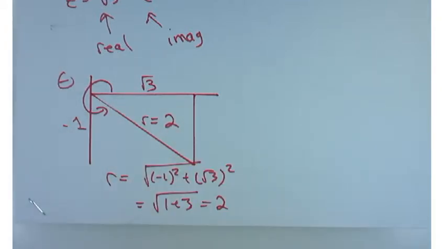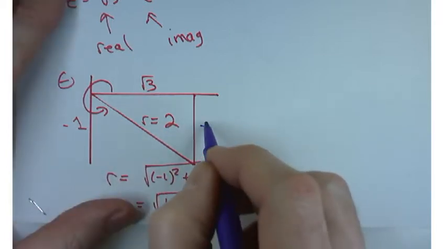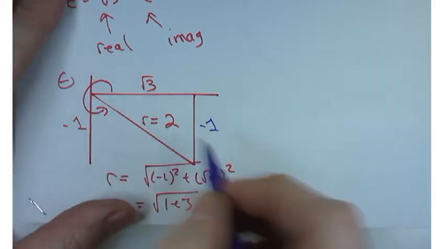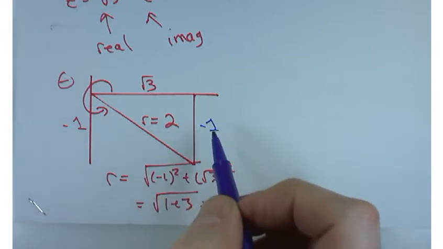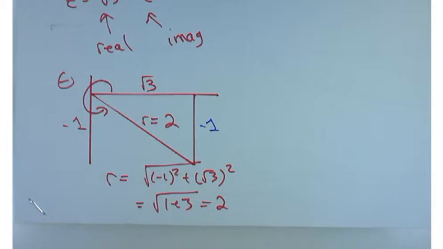Okay. How are you going to find theta? You've got lots of choices. You could use inverse sine, inverse cosine, inverse tangent. What's going to work though for you? I'd go with the one that makes it easiest, right? So this is a negative 1 here. The ratio of these two sides, the negative 1 and the 2, goes along with which trigonometric function?